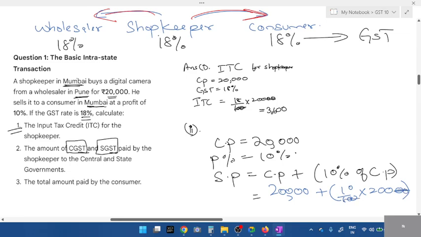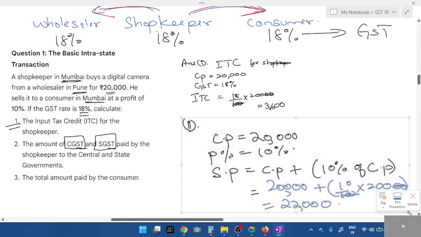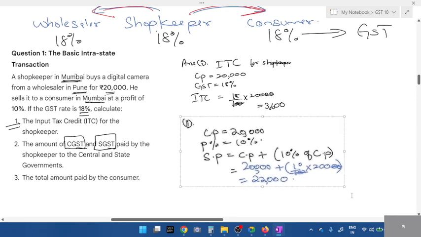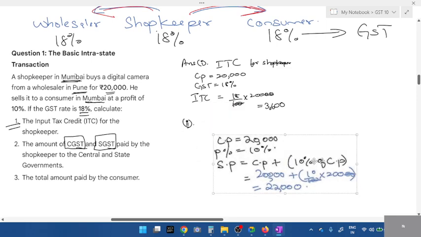Two zeros get cancelled. How much is 20,000 plus 2,000? 22,000. Now, who's buying this? Who's buying it for 22,000? Consumer, right? Write the word consumer. This is the one: 22,000.